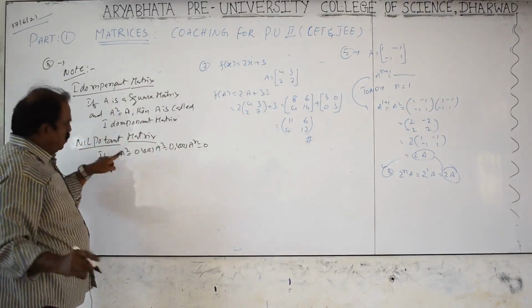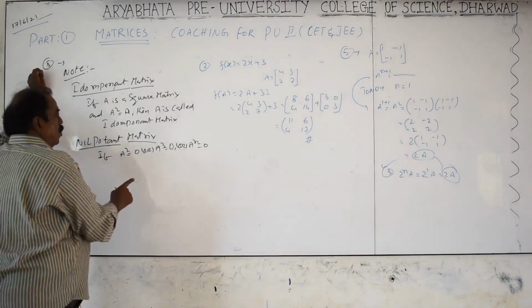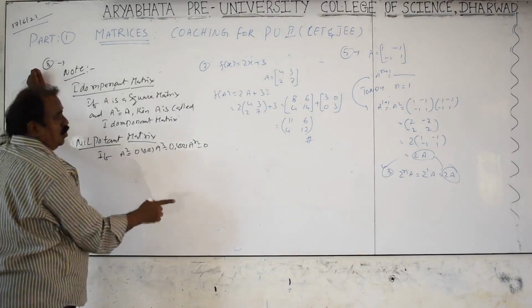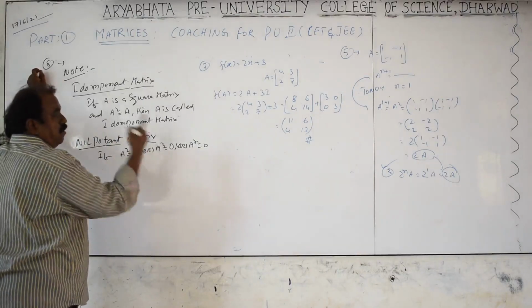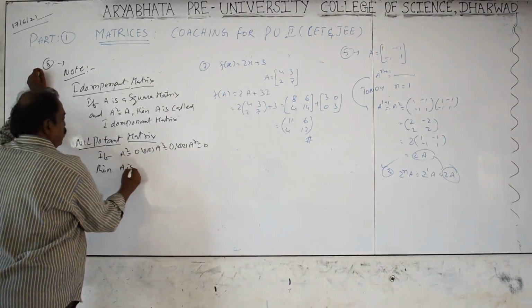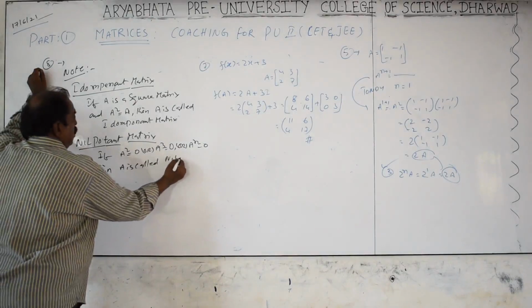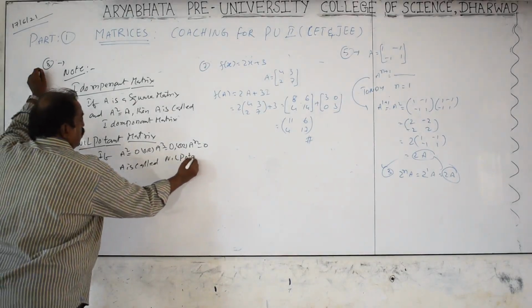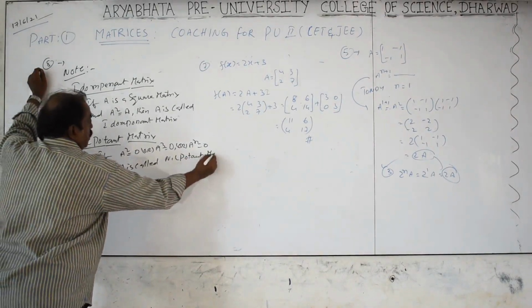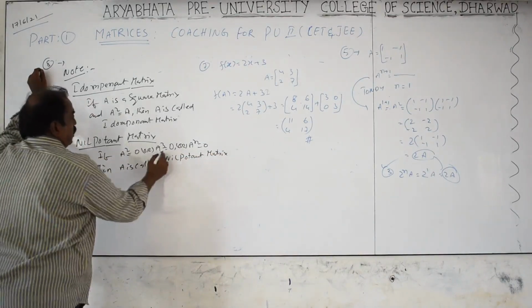Mostly in our syllabus A square is equal to 0 only. Then A is called a nilpotent matrix.